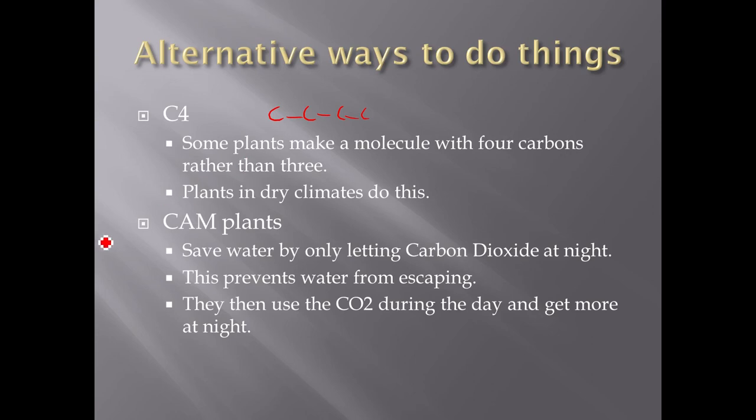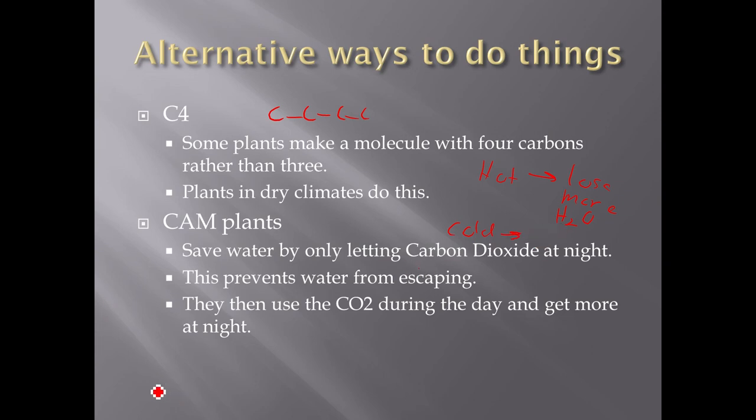Think about that. If you are letting in carbon dioxide during the daytime, well, daytime tends to be very hot, and that means you're going to lose more water. So these plants decide, okay, well, let's skip that problem. Let's just open up at night when it's cold, and that way I won't lose as much water.